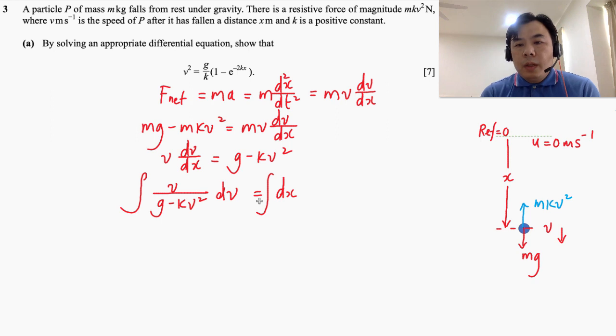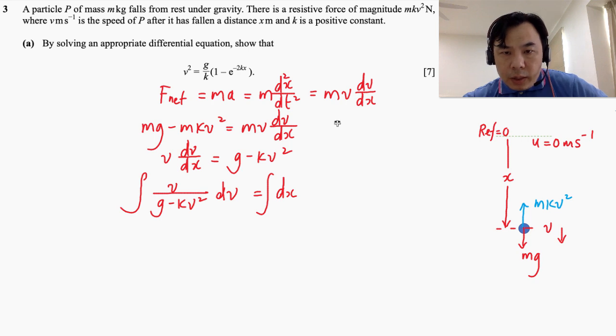Right. Okay, now for this question here, just to recap on your integrations, we can actually solve these integrations by using substitution. So I'm going to write down the substitution at the side here so you can see what's going on.